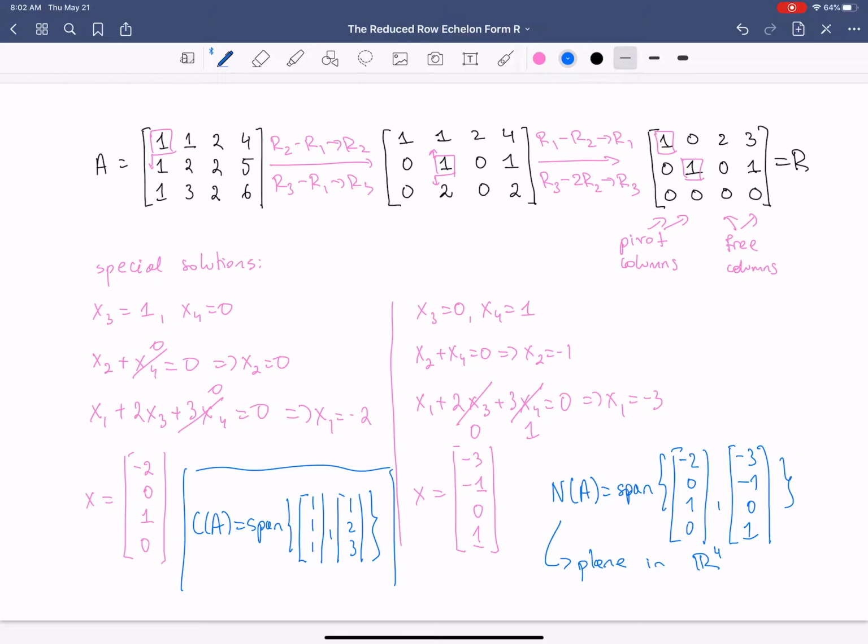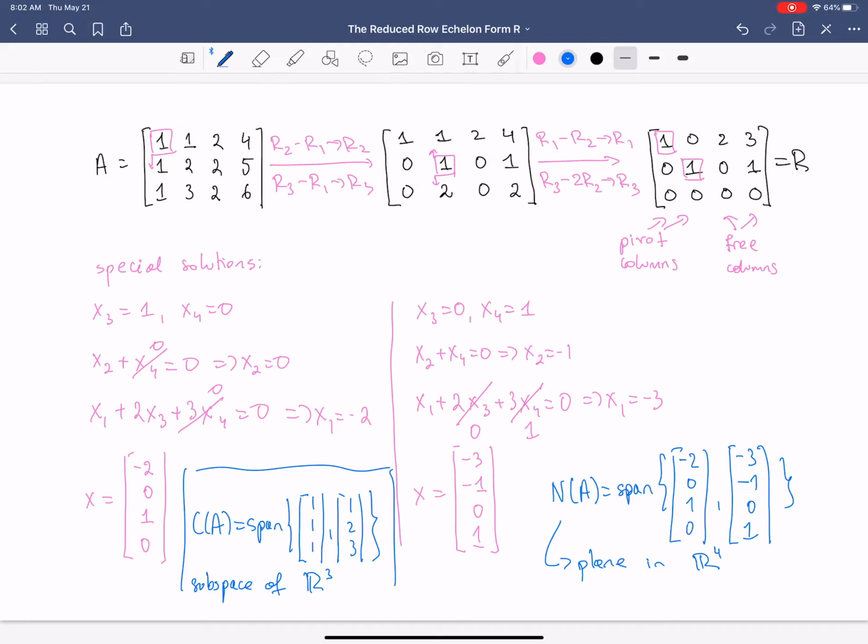So you see, the column space of A is a subspace of R3, because the columns of A have 3 components, whereas the null space is a subspace of R4 because there are 4 columns.